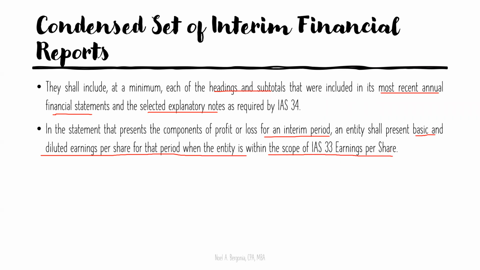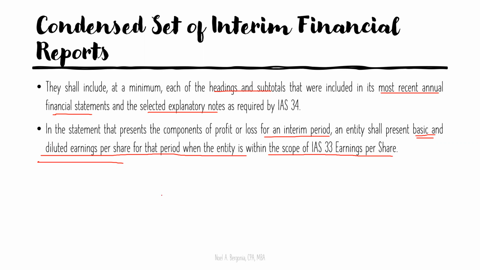So kung magtatanong kayo, ano po yung basic and diluted earnings per share? So first, it will be discussed to you in the updates in accounting standards. And second, this basic and diluted earnings per share represents the peso earning per ordinary share. Okay, so magko-compute kayo dyan how much is the earning attributed to an ordinary share.